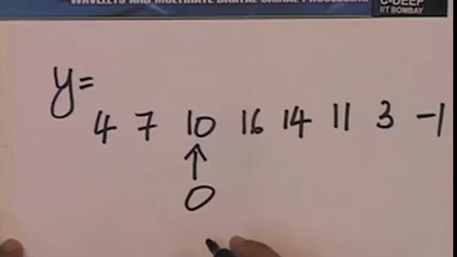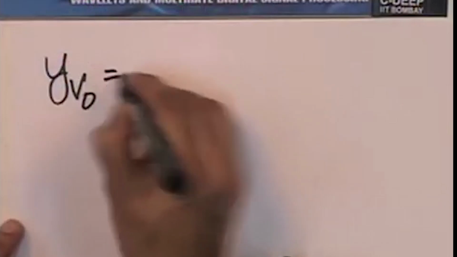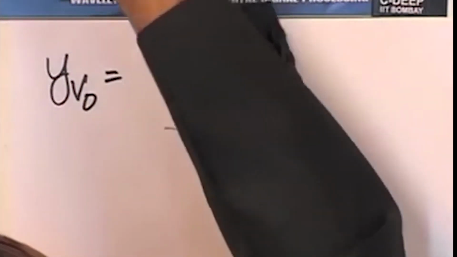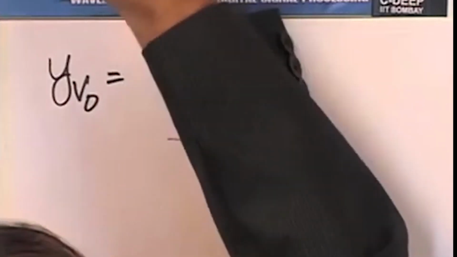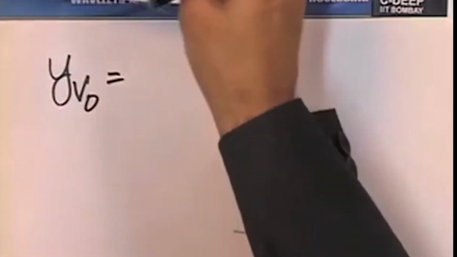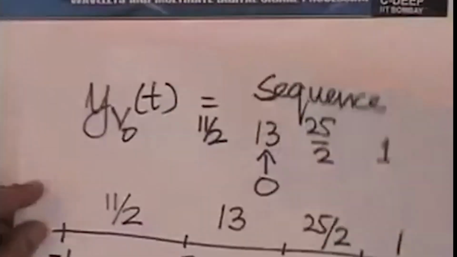Let us on the same reference write the sequence for yv0 and yw0, and then let us put them together. What I will do is when I write the sequence for yv0, I will need to do a little bit of work. Yv0 is going to look like this. So, in fact, I have the sequence here.